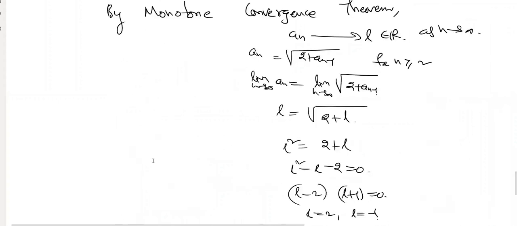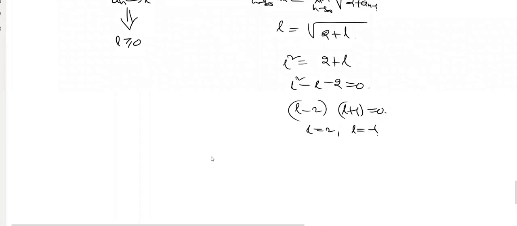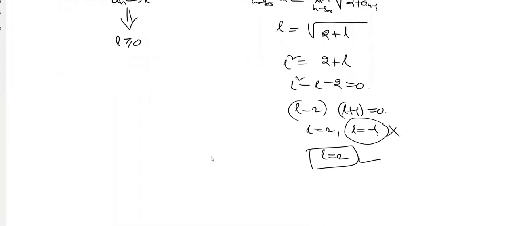By induction, a_n is positive for every n. a_n is positive and a_n converges to L. So again, by the theorem, the limit will also have the same nature. Therefore, L must be non-negative, so this is not a possibility. Therefore, L equals 2 is the right answer. Right? This is also an interesting example. One can easily notice that.